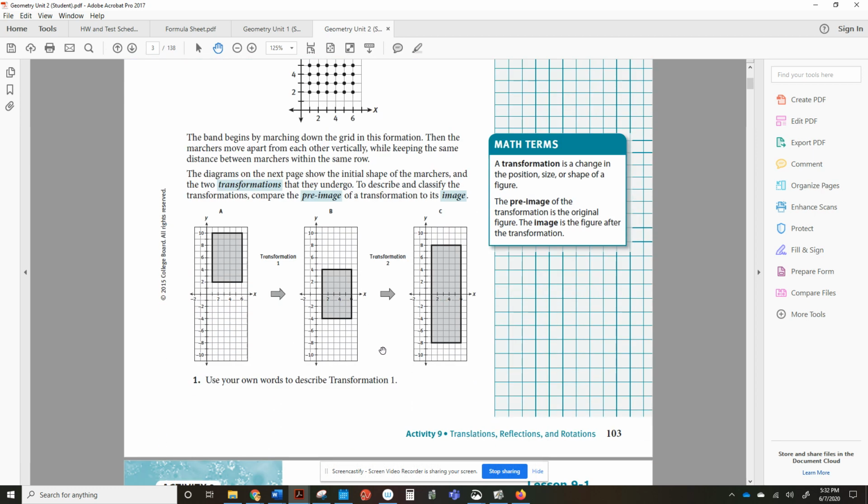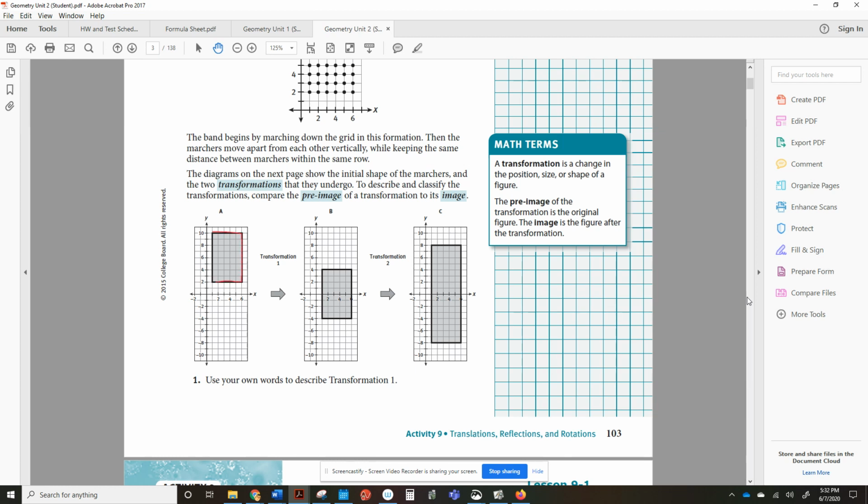So in this first section, they give us an example right here. And I think that this is a little misleading, because this is not a different piece of paper. What's really happening is that they're taking this image right here. This is the pre-image.